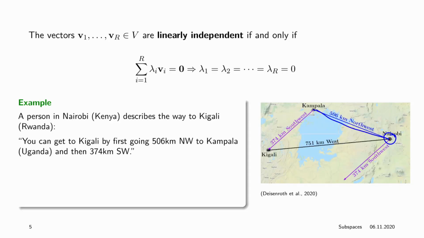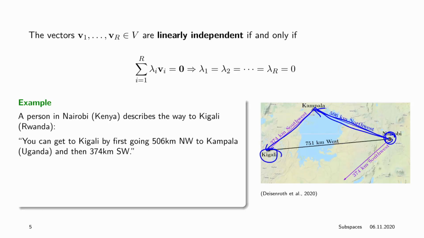Now you might say, well, in order to go to Kigali, you have to first go 506 kilometers northwest to Kampala, which is in Uganda, and then 374 kilometers southwest. Now this is perfectly sufficient in order to describe the location of Kigali in 2D. But you could also first go in this direction and then go in this direction.